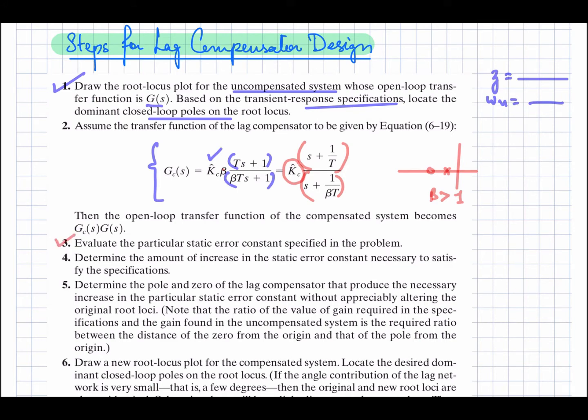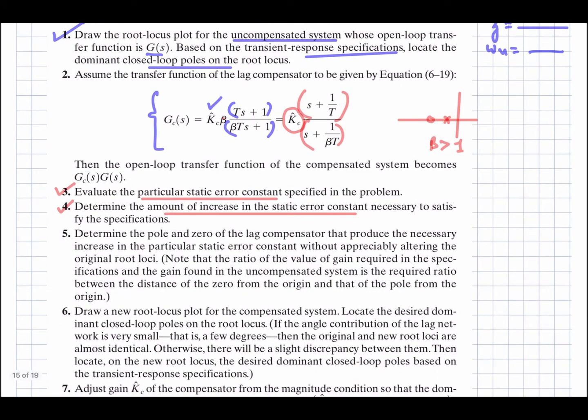After defining the transfer function for the lag compensator, the next thing is to evaluate the particular static error constant that is specified in the problem, and then determine the amount of increase in the static error constant necessary to satisfy the specifications. How much increase in the static error constant is required, and then determine the pole and zero of the lag compensator that produces the necessary increase without appreciably altering the original root locus.